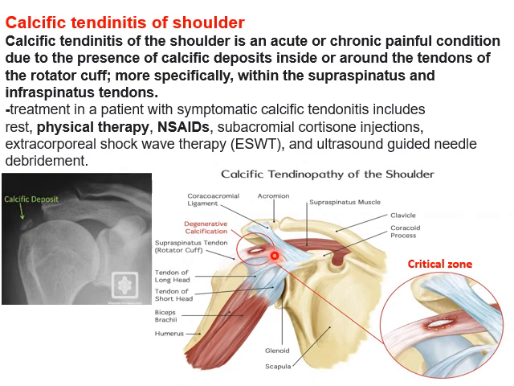More specifically, it is seen in the supraspinatus tendon and a little less frequently in the infraspinatus tendon. So these calcifications are seen about 1 centimeter from the insertion of the supraspinatus tendon. This space, the 1 centimeter proximal to the insertion of the supraspinatus tendon, is called the critical zone.